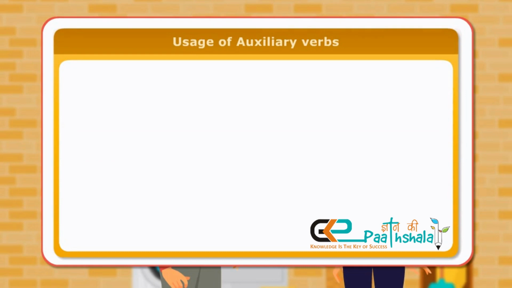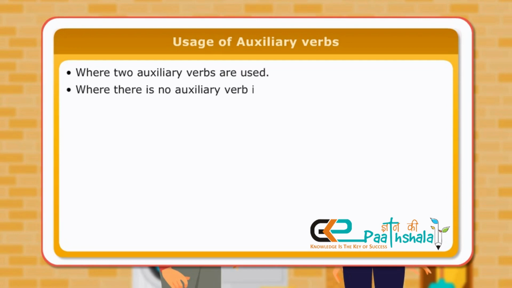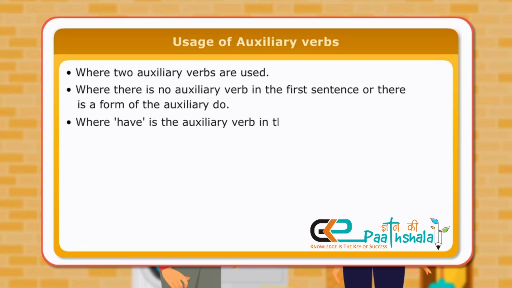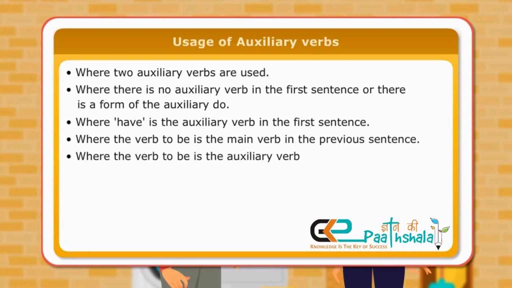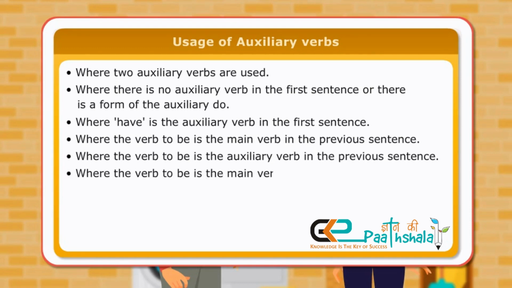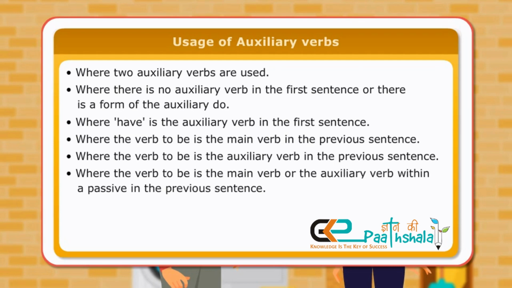We leave out words in the second sentence, where two auxiliary verbs are used, where there is no auxiliary verb in the first sentence, or there is a form of the auxiliary do, where have is the auxiliary verb in the first sentence, where the verb to be is the main verb in the previous sentence, where the verb to be is the auxiliary verb in the previous sentence, where the verb to be is the main verb or the auxiliary verb within a passive in the previous sentence.